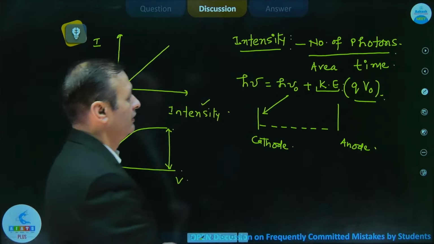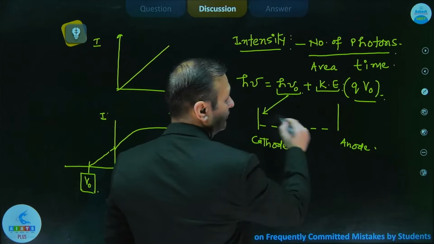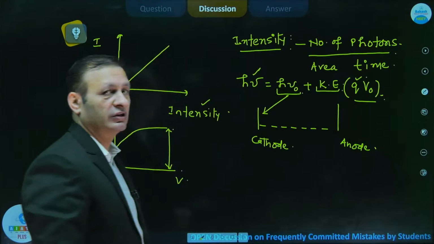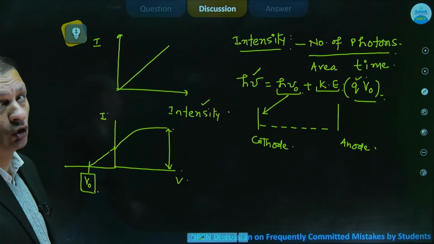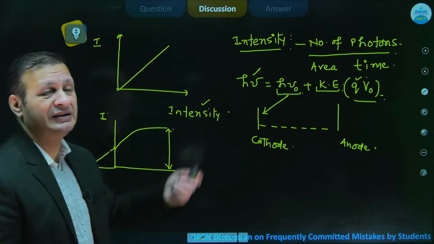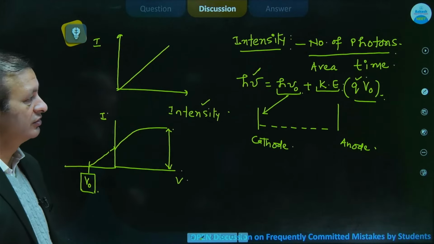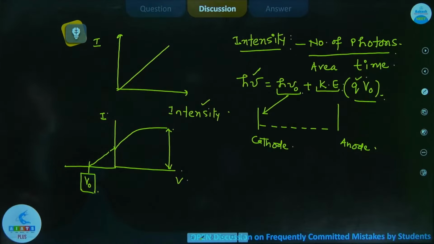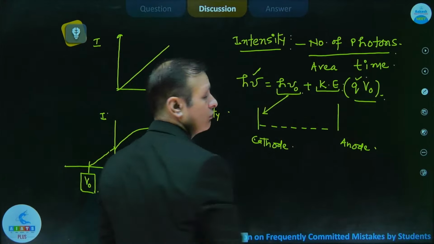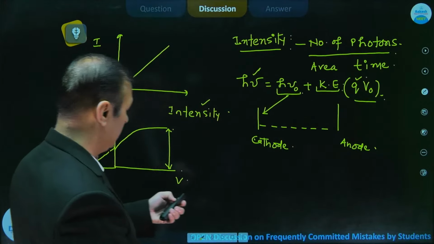Got it? This is fixed. Now, kinetic energy depends purely on the incident frequency or the incident energy, nothing to do with the intensity of photons. You got it or not? So stopping potential depends on the incident frequency or incident energy, not on the intensity.